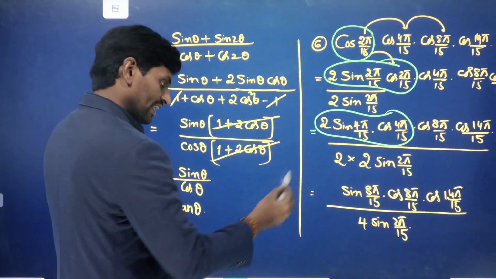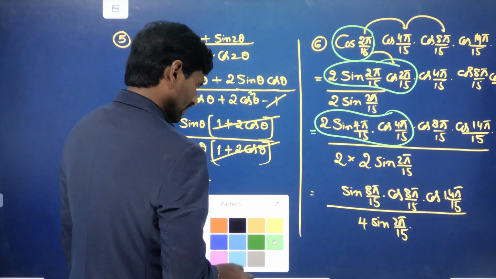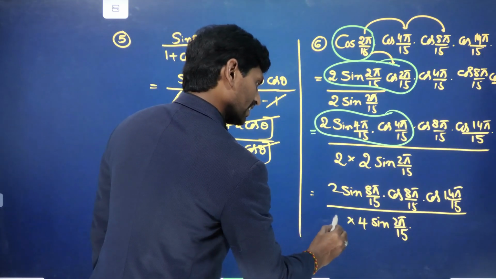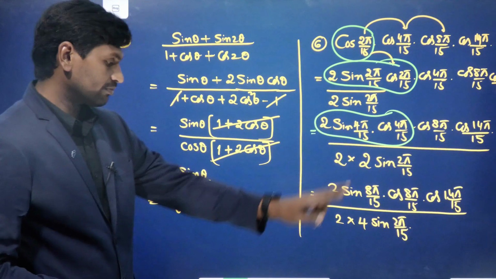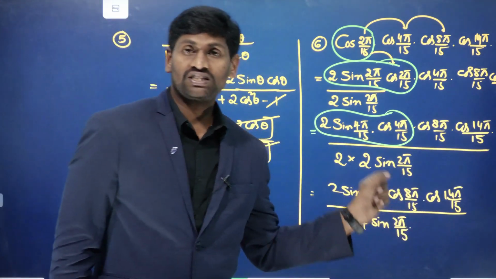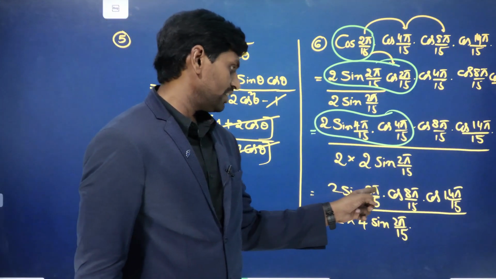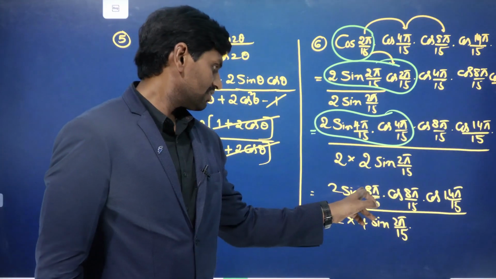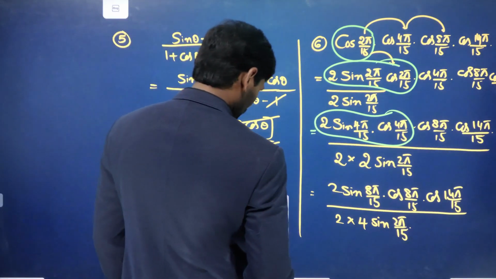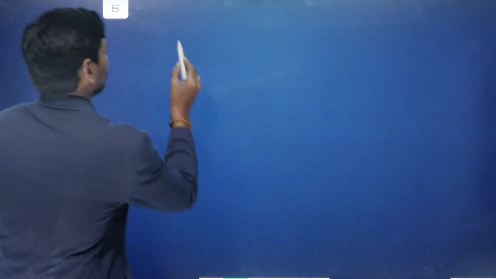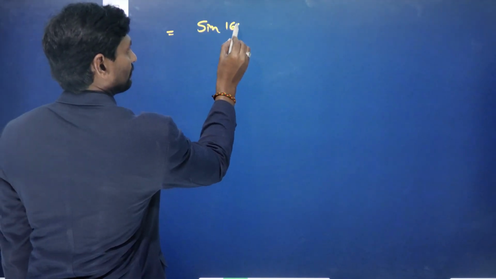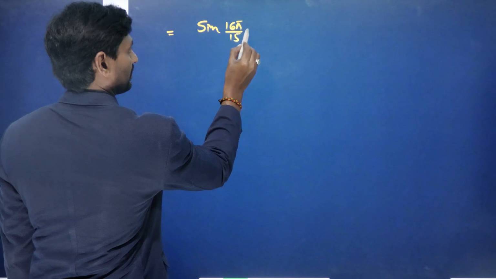Okay? Again we missed 2. Just multiply and divide by 2 here. Again the formula 2 sin cos, 2 sin theta cos theta is nothing but sin 2 theta. That means 2 into 8 pi, 16 pi. I am writing on the next page. The numerator will be sin 16 pi by 15.